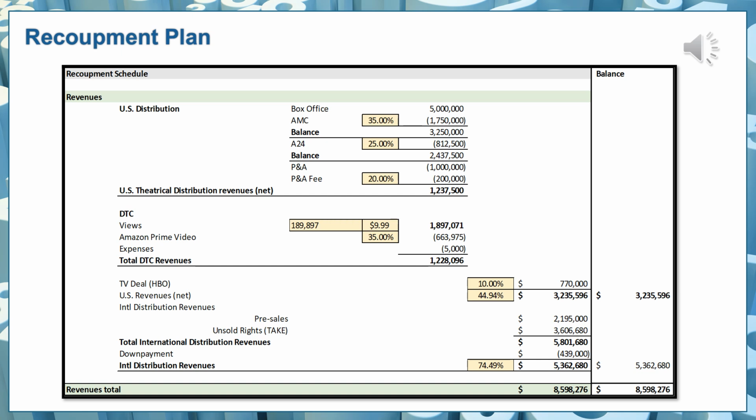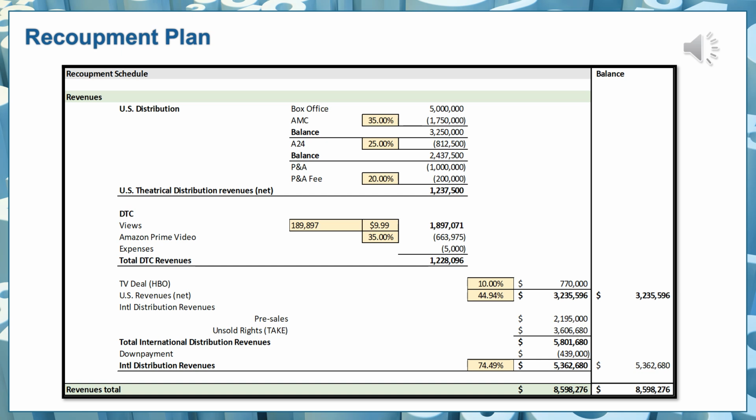We have a rent-a-studio deal with A24. So our box office are generating $5 million. Of that, 35% goes to the theater owner. In this case, it's the AMC Theaters. They're getting 35%, and the producing balance, the share to the producers, would be $3,250,000.